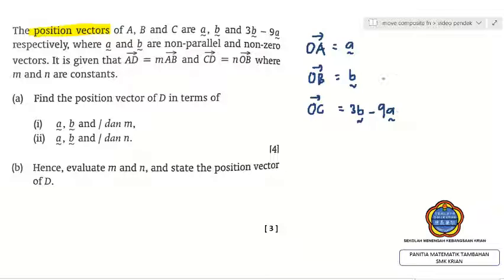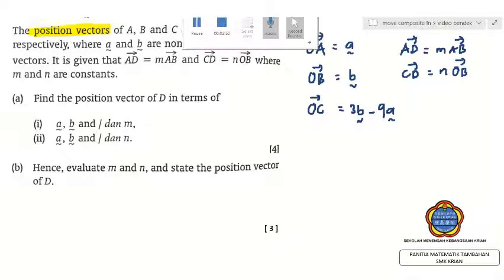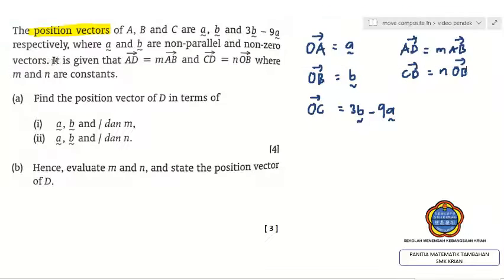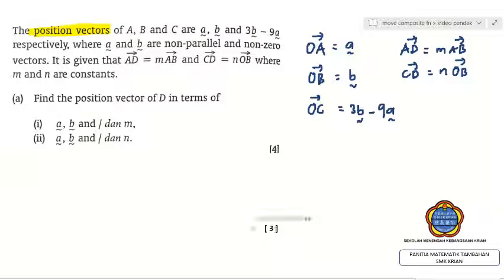And also given that vector AD is equal to m AB and vector CD is equal to n OB.